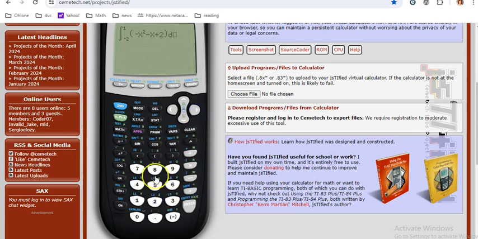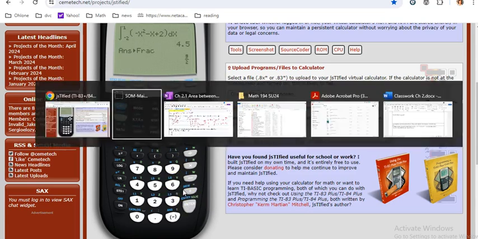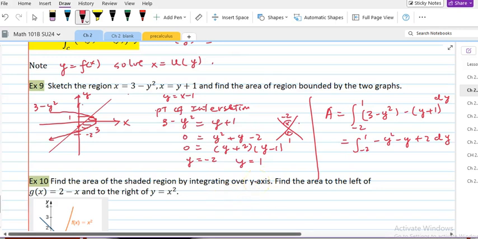Actually, it takes longer than doing it by hand. 4.5, or if you want to switch it to a fraction, 9 over 2. So that's equal to 9 over 2.